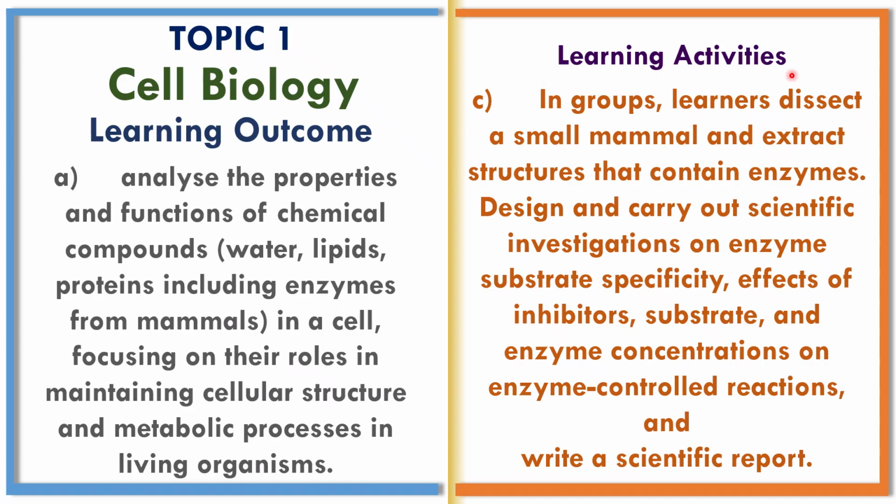Our learning activity has been in groups. Learners dissect a small mammal and extract structures that contain enzymes. Design and carry out scientific investigation on enzyme substrate specificity, effects of inhibitors, substrate, and enzyme concentrations on enzyme-controlled reactions, and write a scientific report.